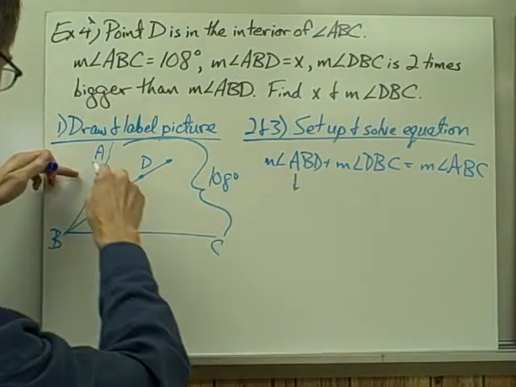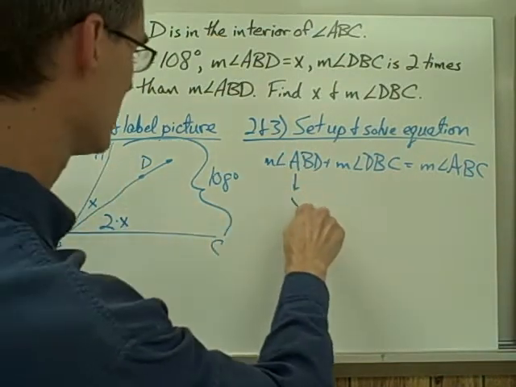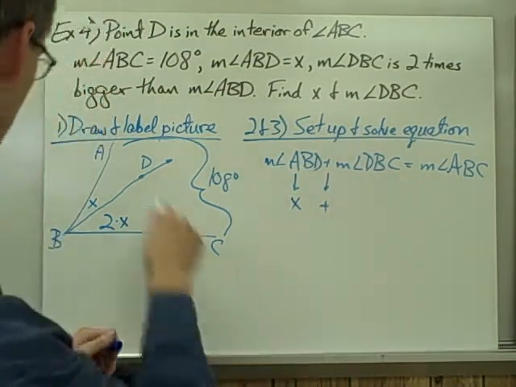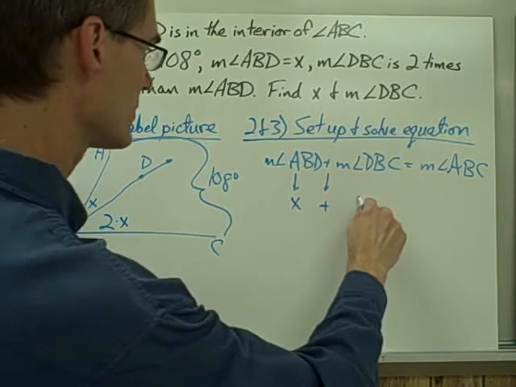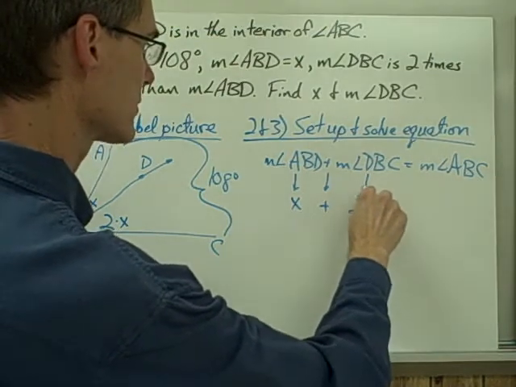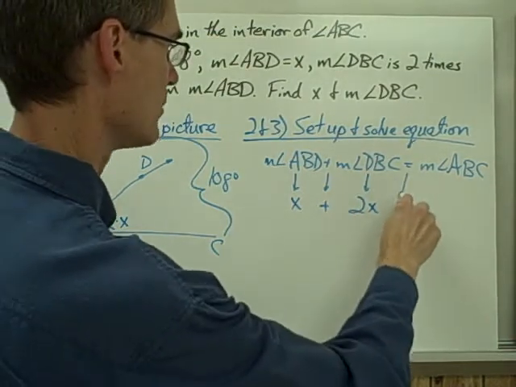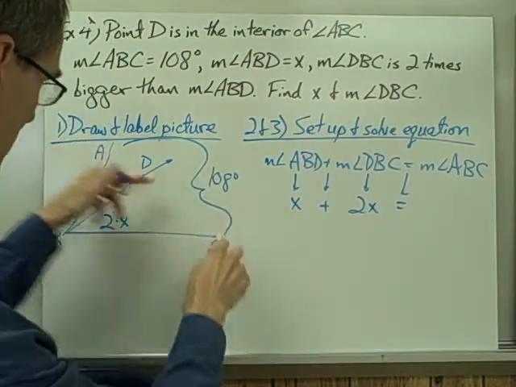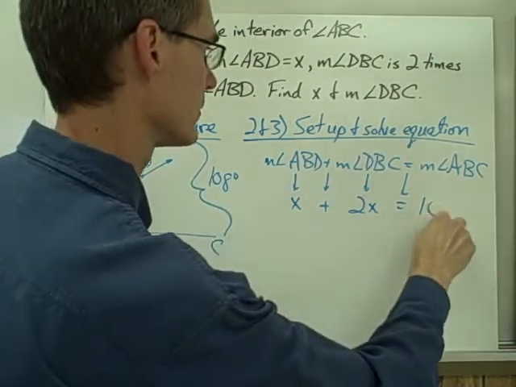So the measure of angle ABD is x. The measure of angle DBC is 2x. And the measure of angle ABC is 108 degrees.